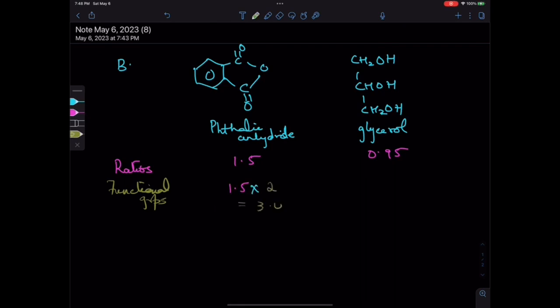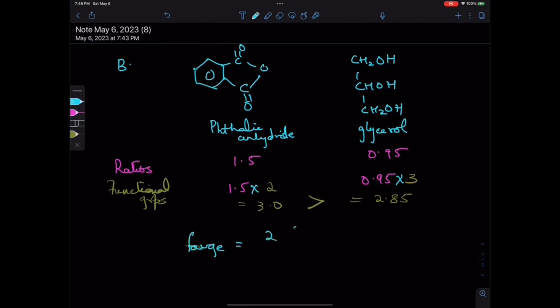And we have 3 hydroxy groups in glycerol, so 0.95 times 3, which is equal to 2.85. Okay, so 3.0 is greater than 2.85. So phthalic anhydride is in excess and glycerol is the deficient molecule.